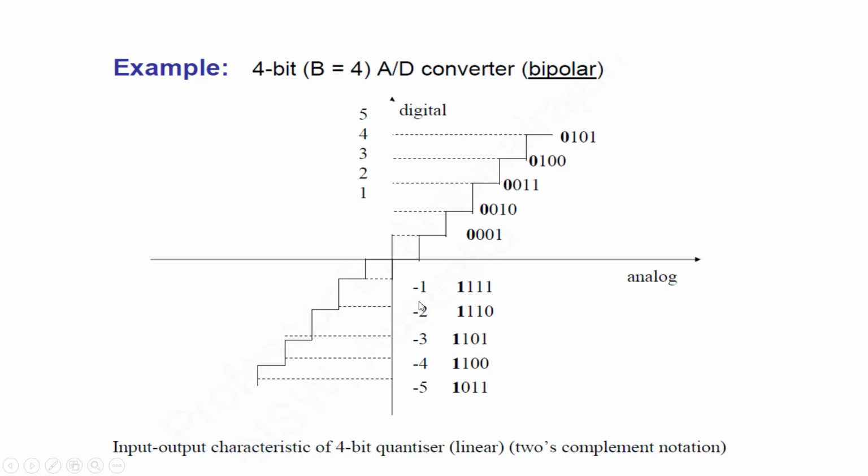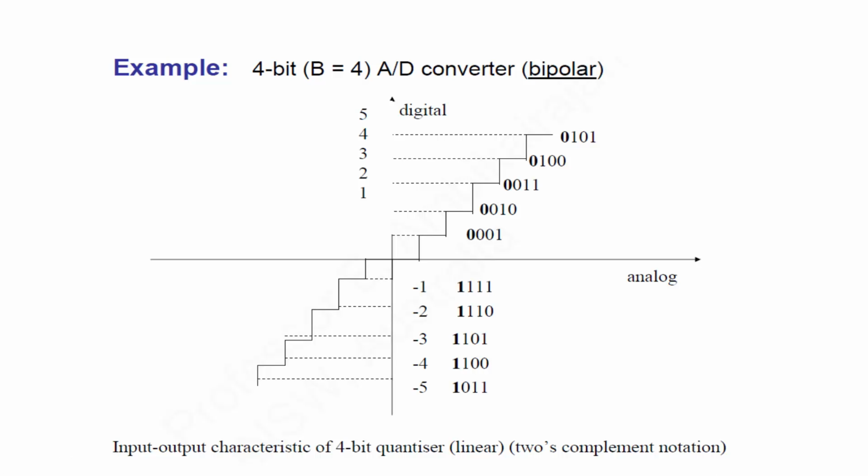In the bipolar fashion, the negative values will be represented by the 2's complement notation. For example, this is level 1. The code given to this voltage level is 0001, and the opposite of this, let's say -1, take the 2's complement of this, it will be 1111. So if it is a bipolar kind of A to D converter, we can use the 2's complement notation to represent the negative values.